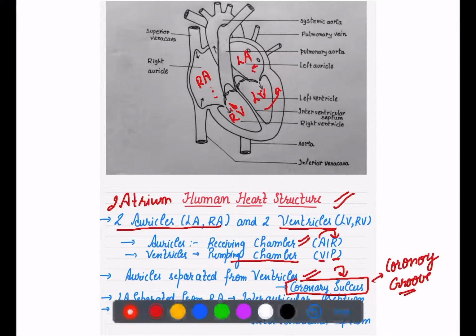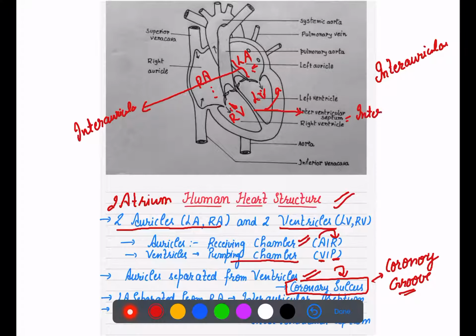So there are two types of septums: interauricular septum, the septum which is basically separating the auricles. So this is the interauricular septum. Here it is the interauricular septum, and here as you can see there is an interventricular septum. The interventricular septum is separating the two ventricles.